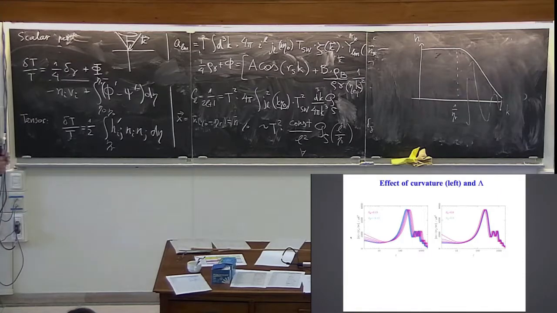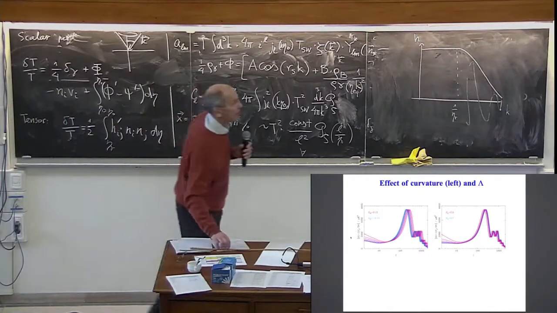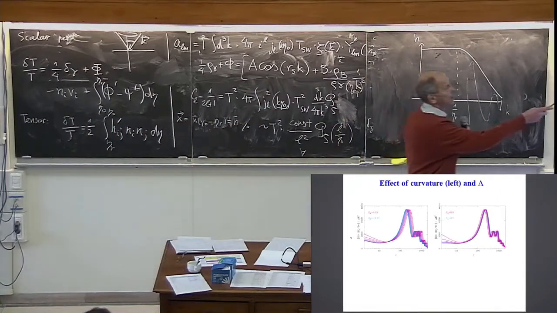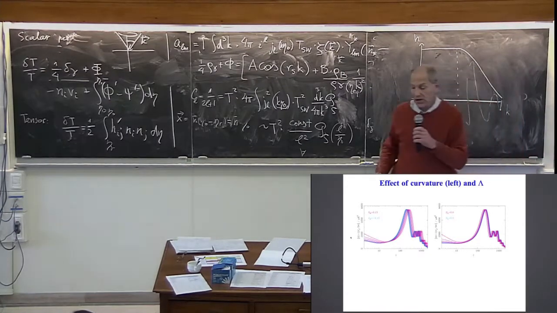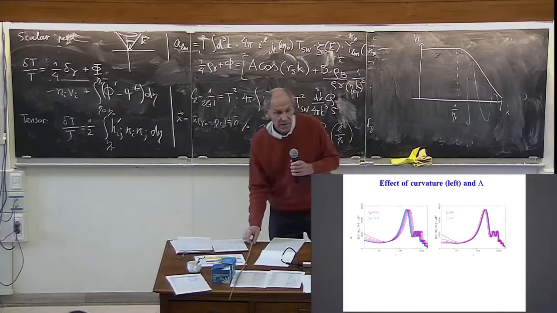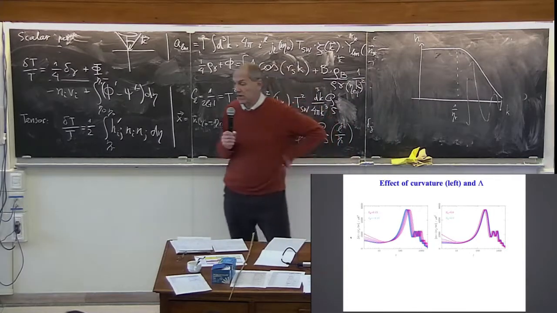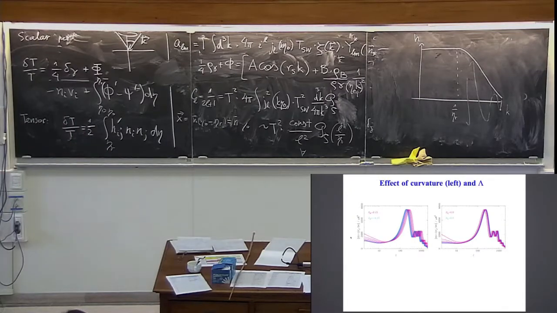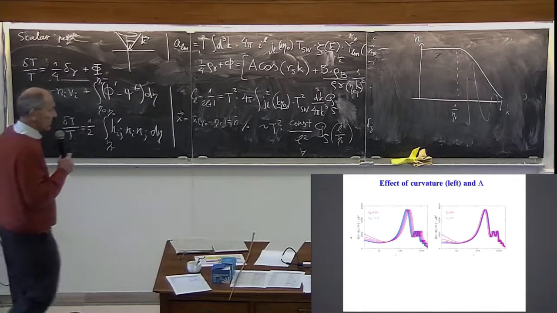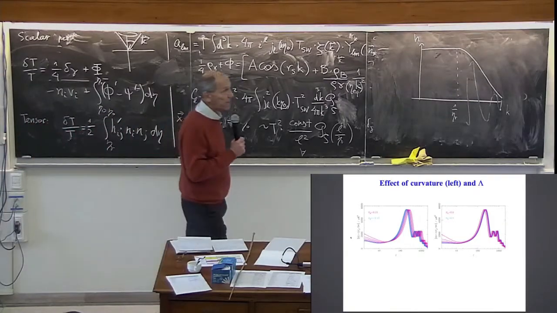So by looking at this range here and comparing it with what's going on here, you figure out that everything is consistent with the fact that there is no contribution of gravitational waves or tensor perturbations to the temperature anisotropy of CMB.